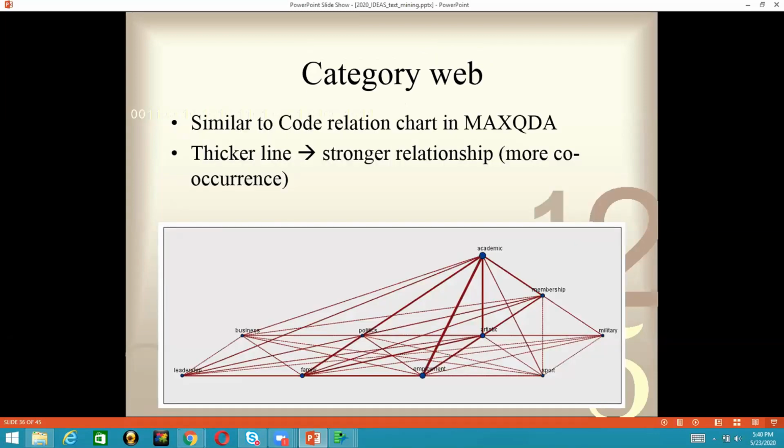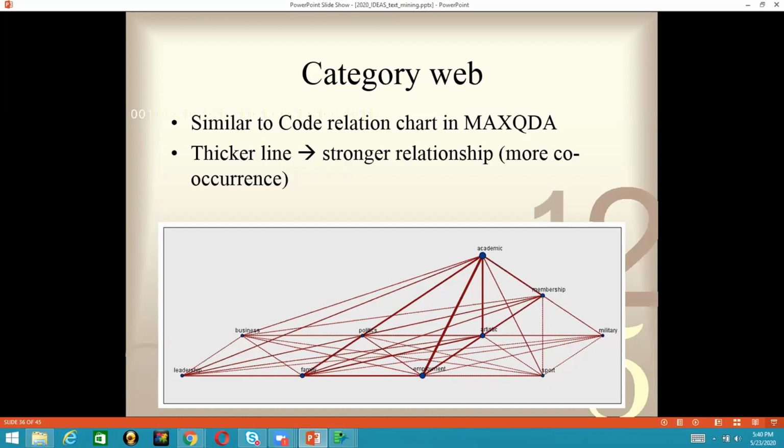This is similar to the correlation chart that I showed you in MAXQDA, right? In the MAXQDA correlation matrix, you see something like an Excel row by column, and they use color and size to show you the interrelationship.